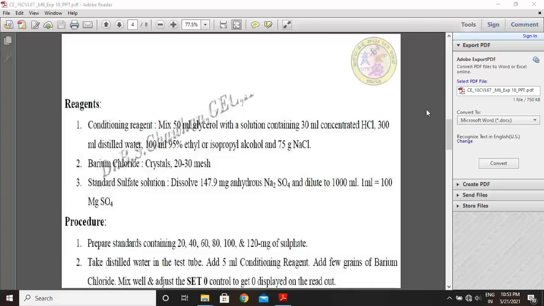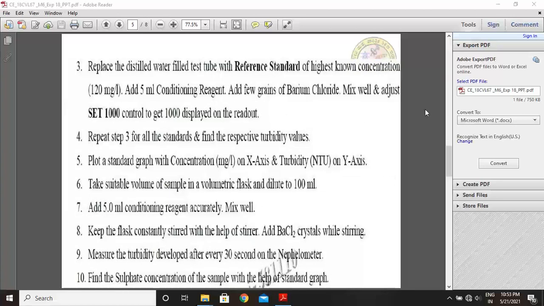Here in the second step, take double distilled water in the test tube, add 5 ml conditioning reagent, add a few grains of barium chloride, mix well and adjust the set zero control to get zero displayed on the readout. The next step, replace the double distilled water filled test tube with the reference standard of highest known concentration, that is 120 milligram per liter.